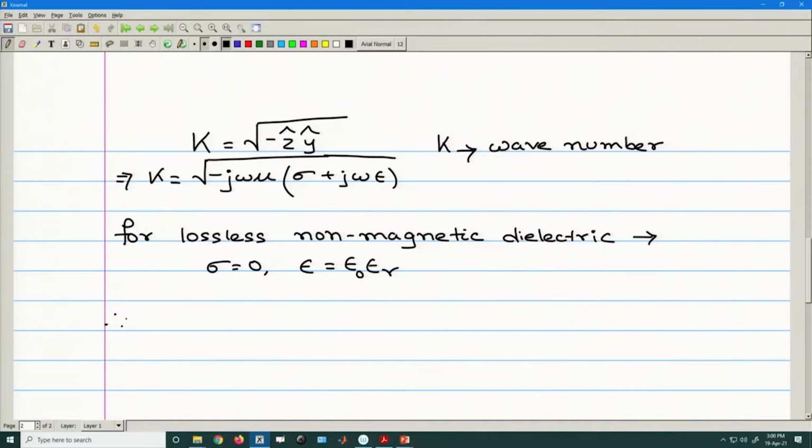So we can write that k equals, substituting for z and y, minus j omega mu. Sigma in this case is 0, so this is 0, plus j omega, in place of epsilon we are writing epsilon naught epsilon r.